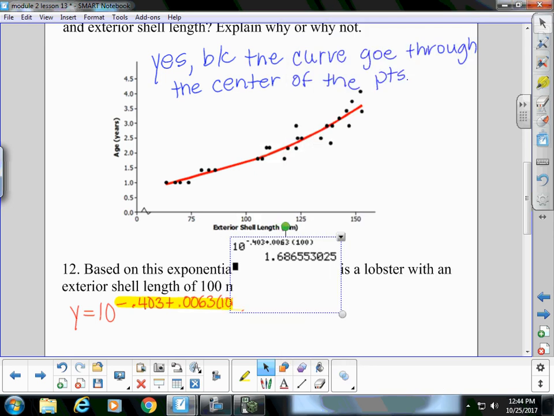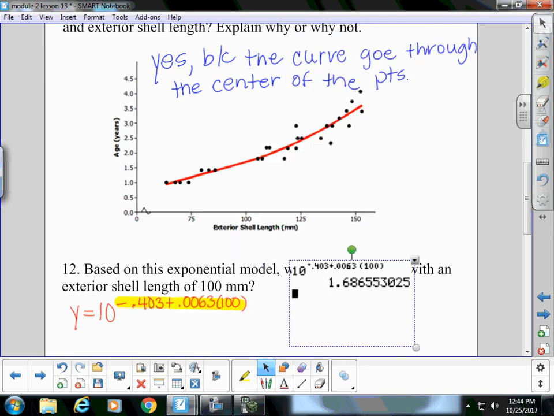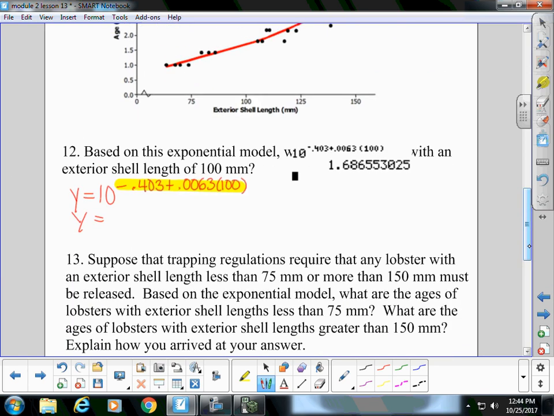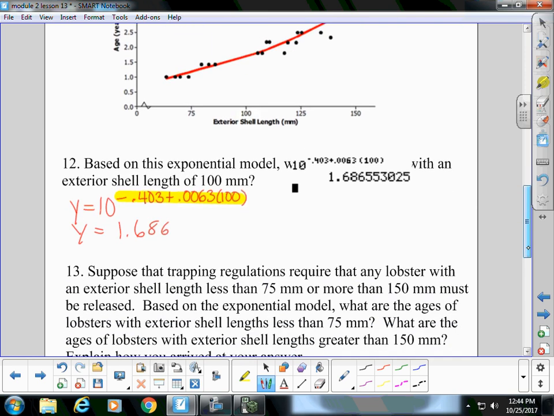Okay, so there's the answer I got. And so that came out to y equals 1.686, and y stood for the age, in years. So a little over 1.5 years old.